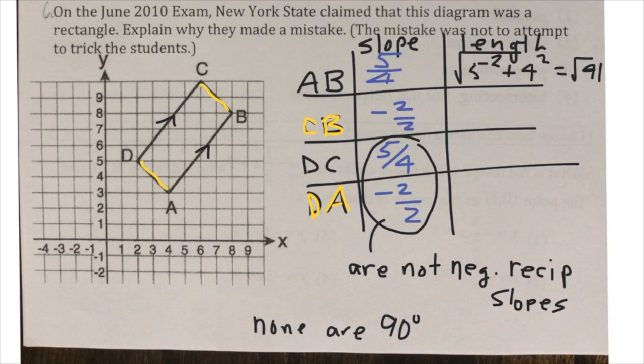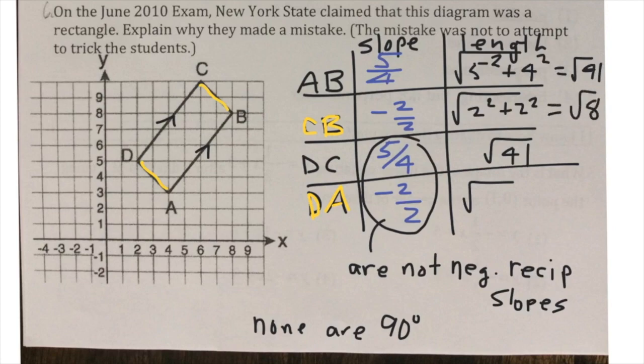And the same thing applies to side DC. It's the same exact numbers. As for side CB and DA, it's also the same calculation, 2 squared plus 2 squared, which would be 4 plus 4, or radical 8. And there's no need to recalculate it since it's the same numbers there as well.